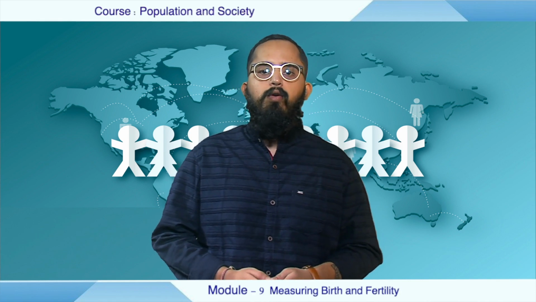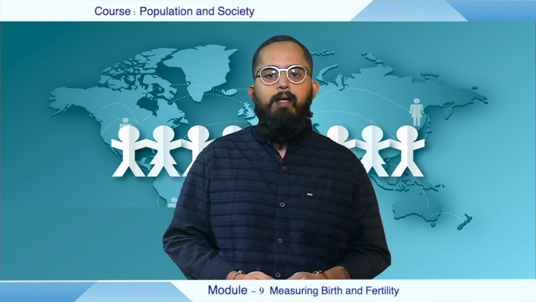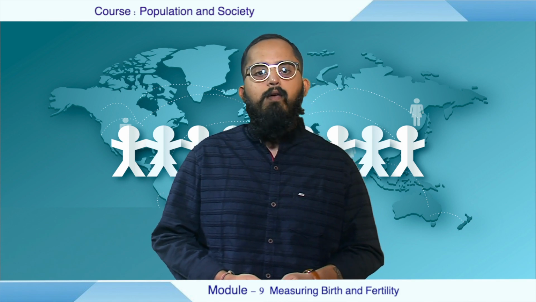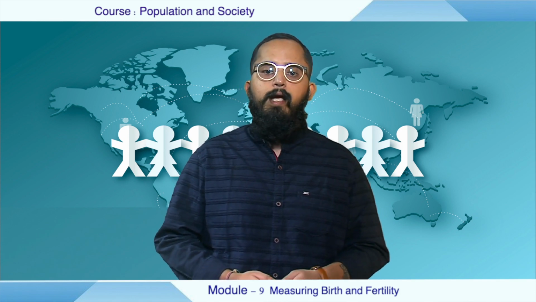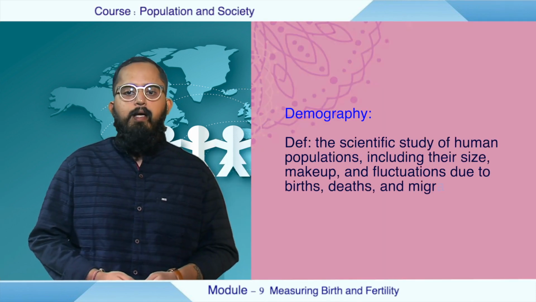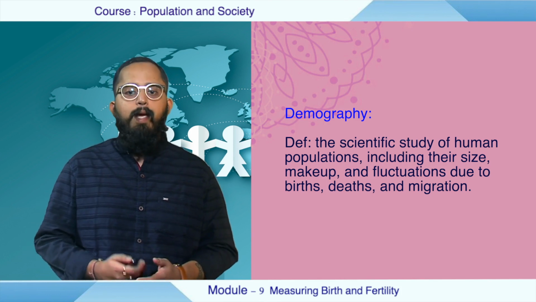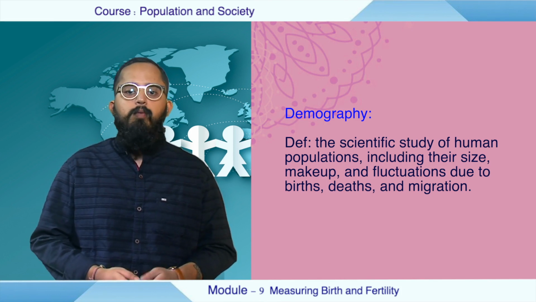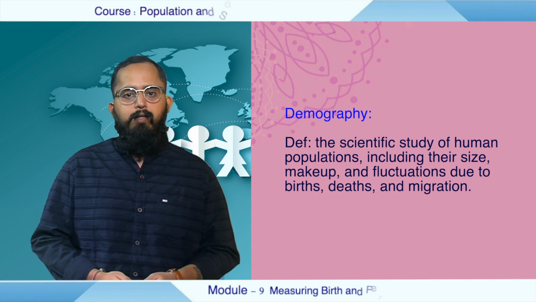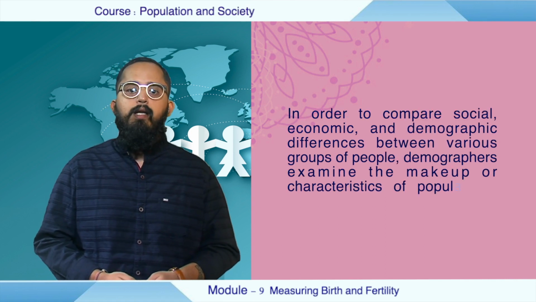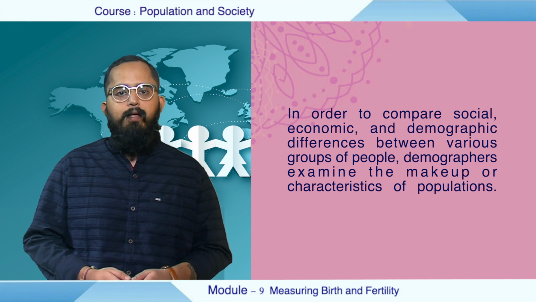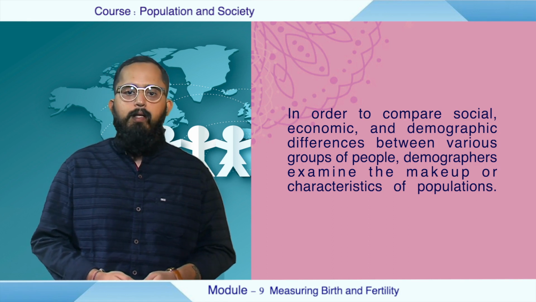The study of population growth has consistently drawn the attention of scholars and policymakers, which has led to the development of demography as an essential area of study in social sciences. Now, demography can be defined as the scientific study of human populations, including their size, makeup, and fluctuations due to birth, deaths, and migration, in order to compare social, economic, and demographic differences between various groups of people.